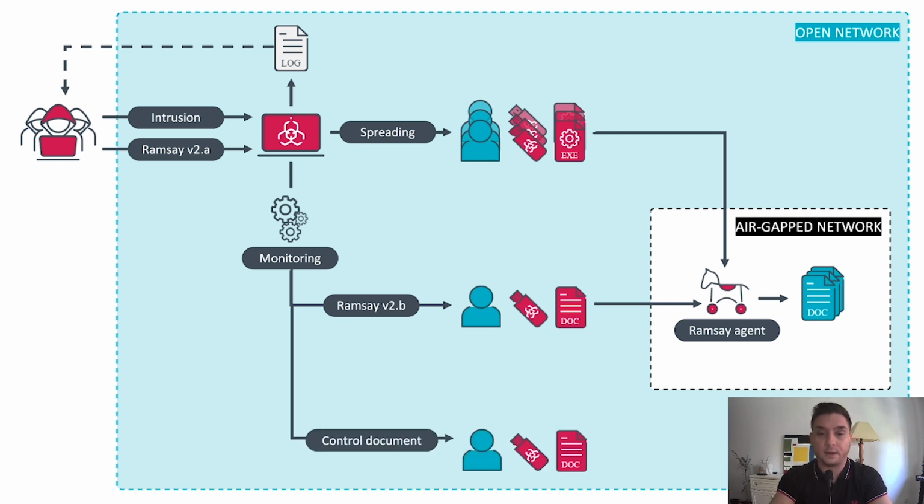At some point, these Ramsay containers will want to be exfiltrated. So what we believe will happen is that, again, monitoring for the insertion of a removable drive of an edge will be done, and a specific control document will be inserted to this device. Then when this device gets plugged to the air gap network, Ramsay will have means to detect and process this control document.